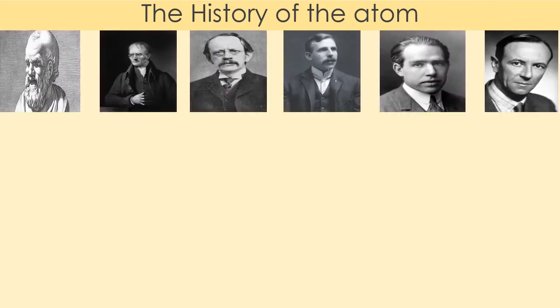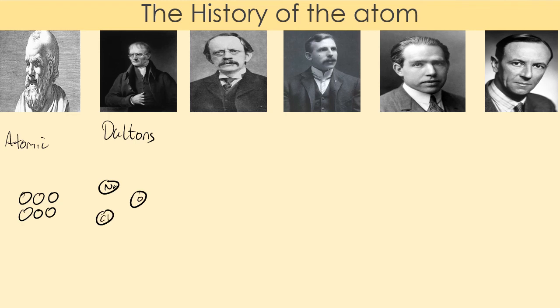So here we have our scientists. We have a whole line of scientists that all built upon the ideas of each other. We started out with our atomic theory, where we just have atoms all in together. We moved on to Dalton's atomic theory, where we realised we had different types of atoms depending on the element.